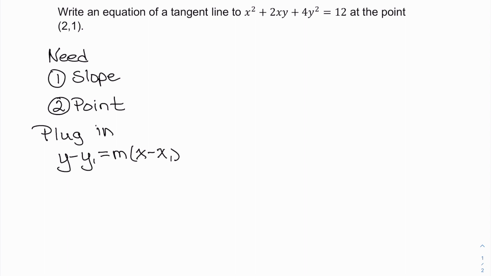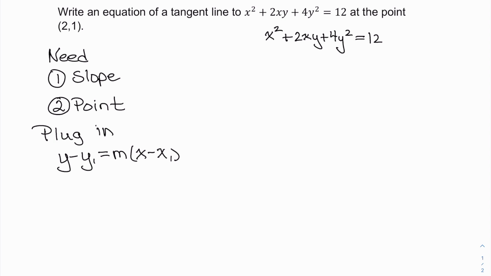Here, the x's and the y's are intermixed in the equation, and so the relation is implied between the x's and y's, meaning that when we do our derivative, we can use implicit differentiation.